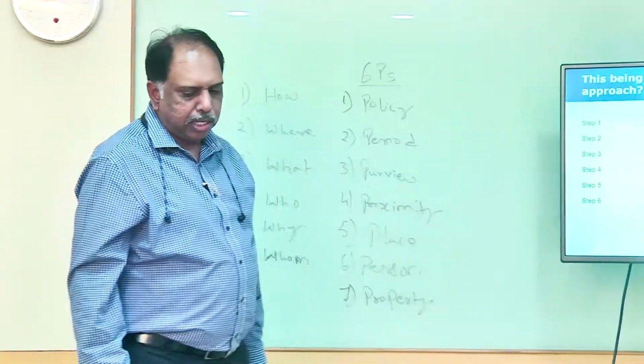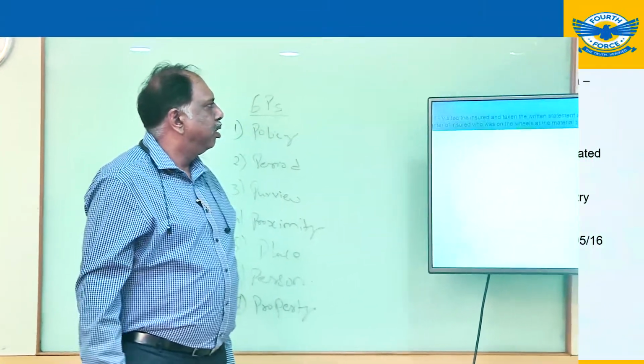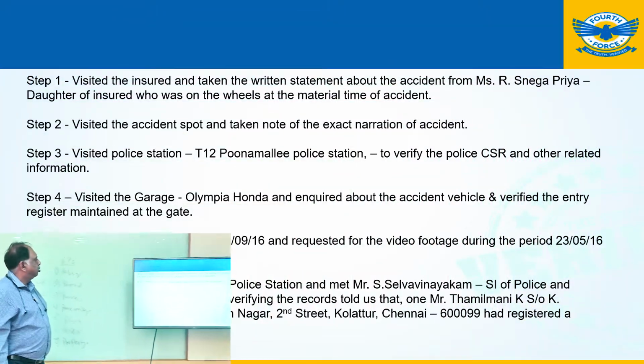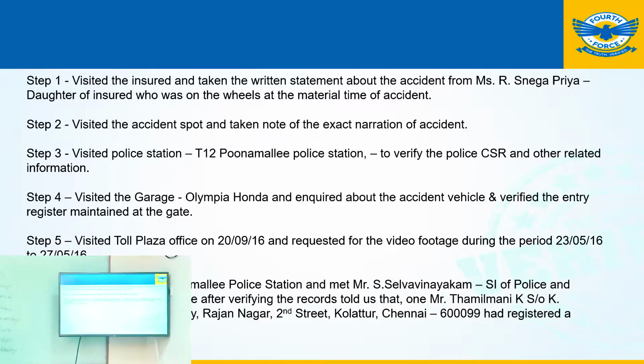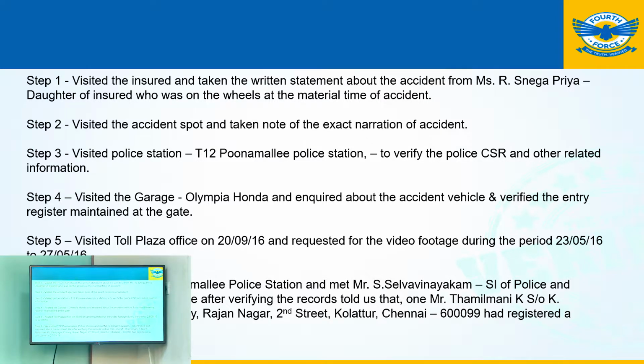Now let's move to this slide. Okay, now let's see what is the step 1 which was done. The line of investigation, based on what we discussed now, the 6 P's and the how, where, why, what, whom, all these things will be answered here one by one.